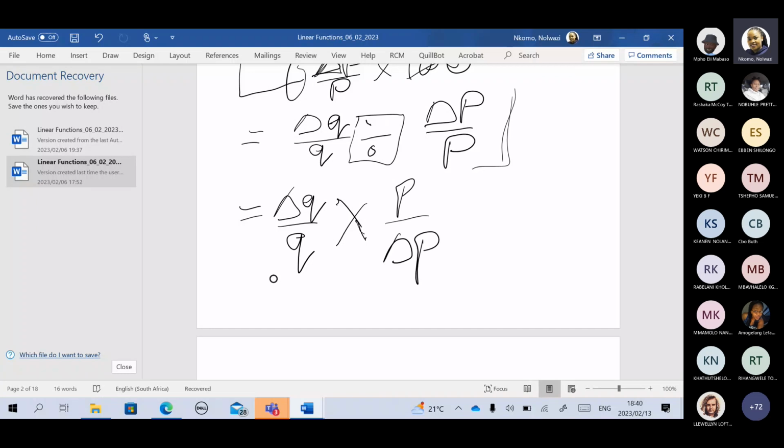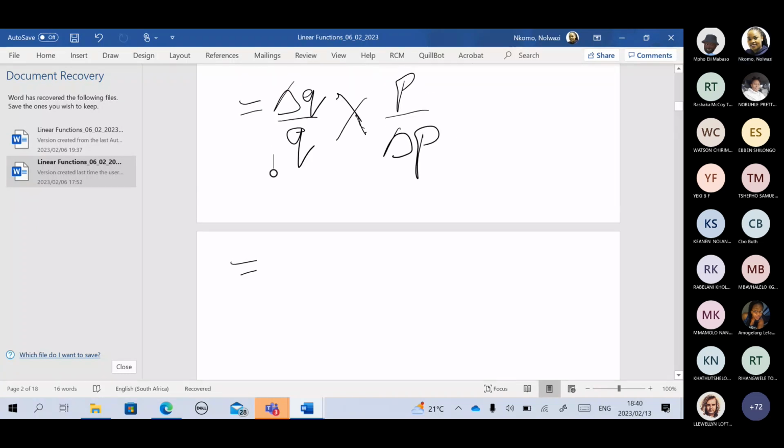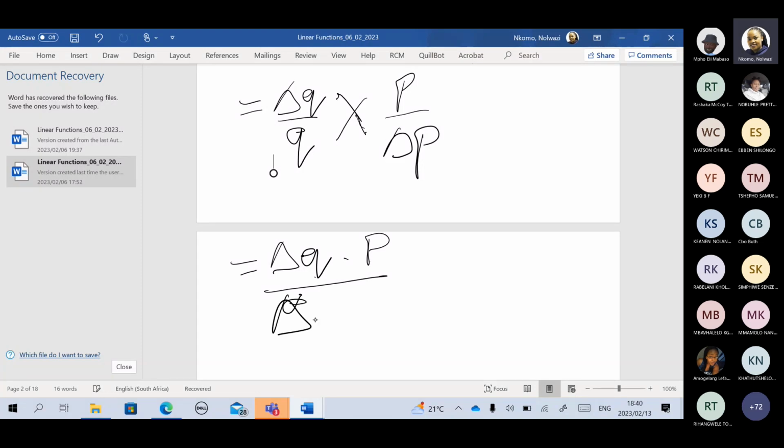So this is the same thing as the change in demand times price over the change in price times the demand, right?